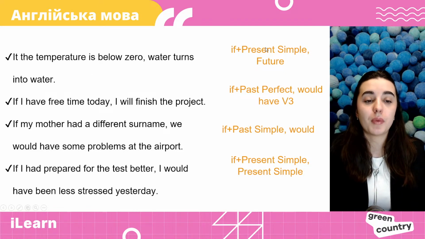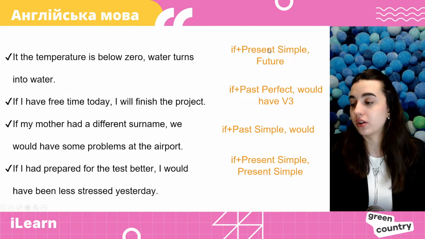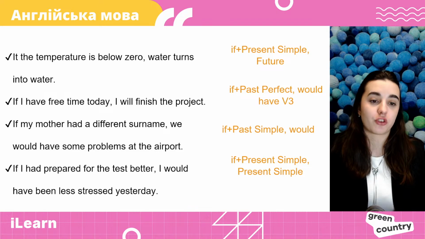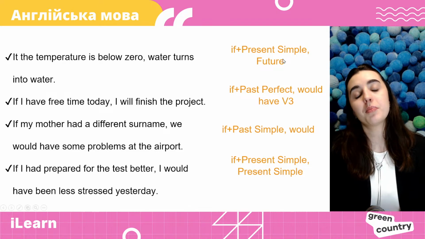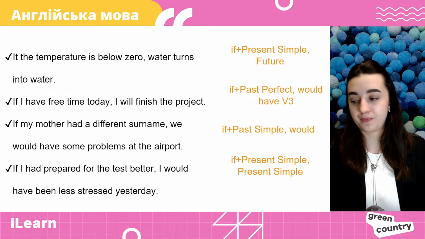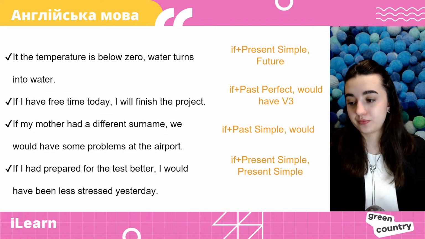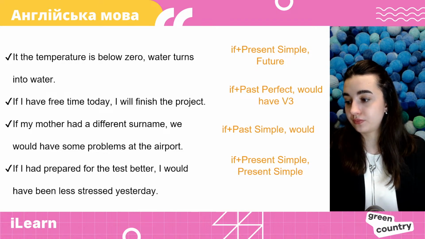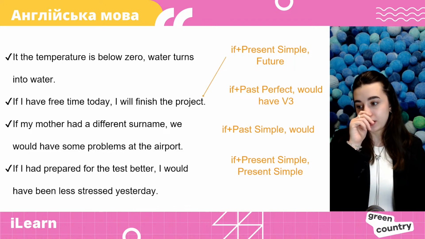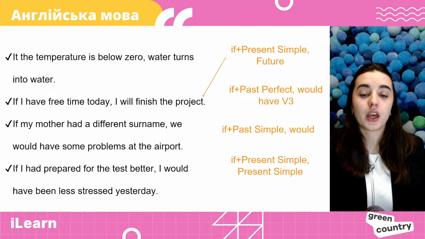Okay, what about if present simple and future? What conditional is it? Коли ми вживаємо if плюс present simple and future. Для якого умовного речення? Yeah, absolutely right. Okay, that is first conditional. Good.